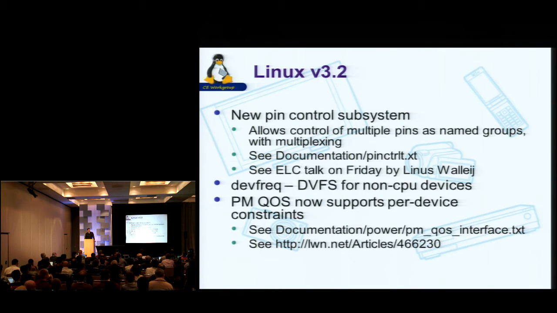Also, in terms of power management, devfreq. I don't know how you pronounce that. It sounds a little weird to say devfreq, but it's device frequency, which is basically dynamic voltage and frequency scaling for non-CPU devices. So for individual devices on an SoC, you can control the voltage and frequency. With the complexity of modern SoCs, that's very welcome in terms of runtime power management. And then power management quality of service now supports per-device constraints.